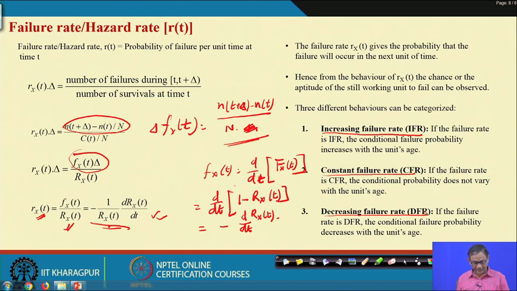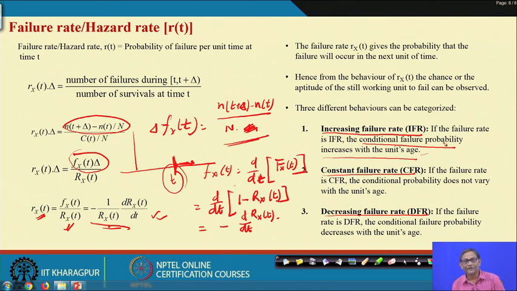Depending on this, if it is increasing, then the conditional failure probability increases with age. We said that the unit survives up to time t, and then what is the probability that it will fail within the next unit of time? Conditional on this survival, the failure rate is increasing.